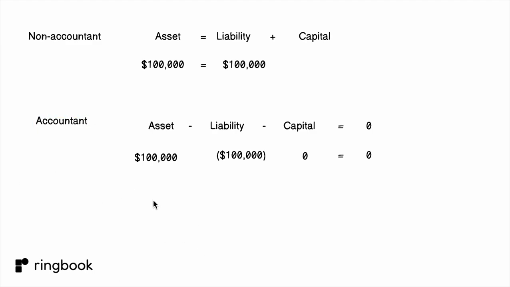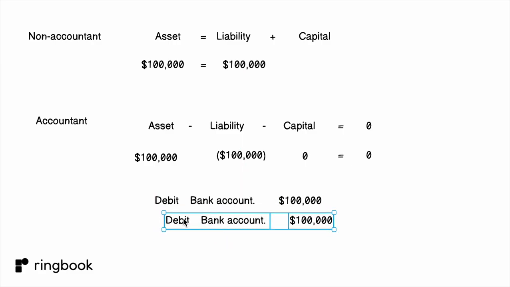So positive number is debit, so we'll debit bank account for 100,000, and then we'll credit loan for 100,000.